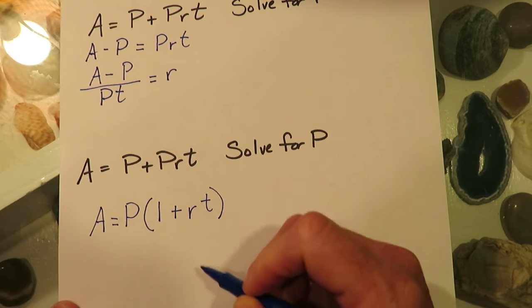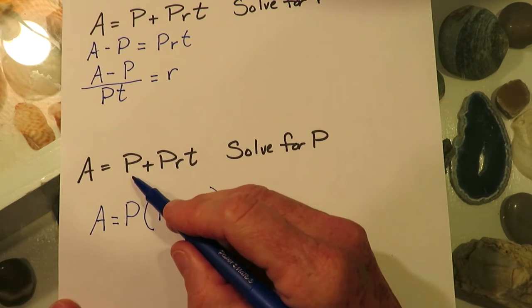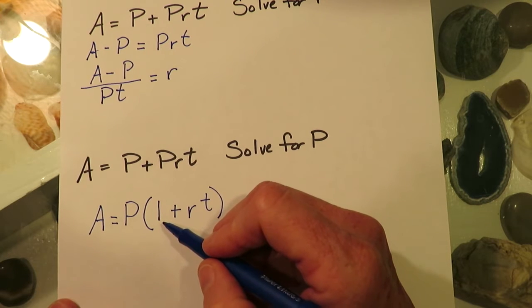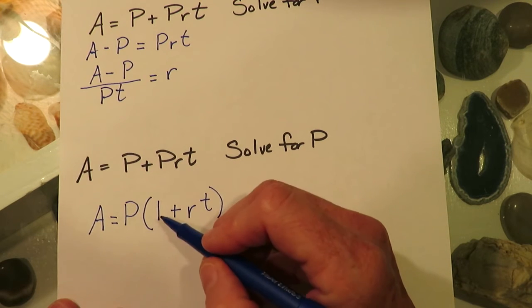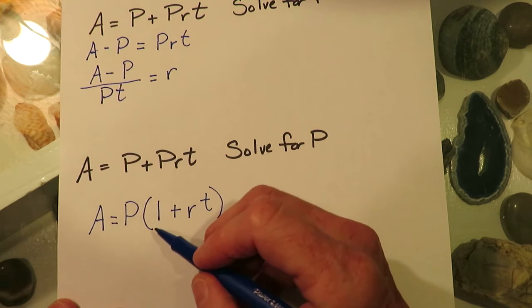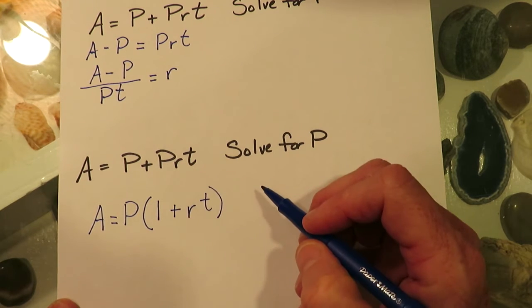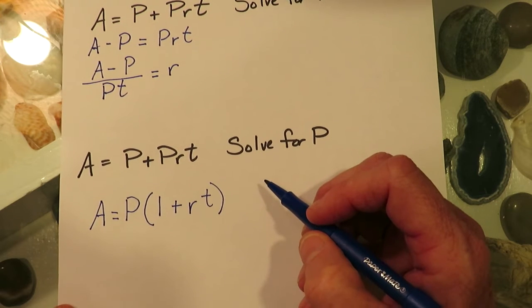And notice that when I factor the P out here, that term in the parentheses turns into a 1. P times 1 will be P, and then P times RT will be the PRT that I had. So I've correctly factored out the P.